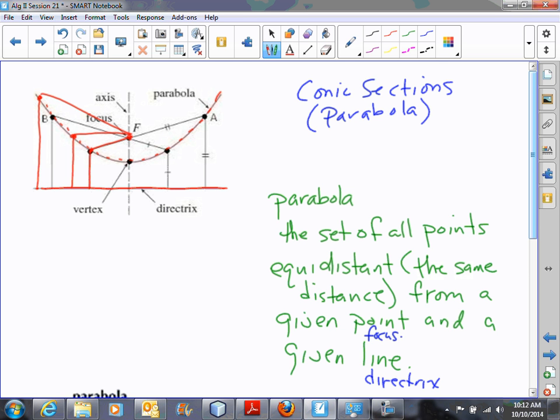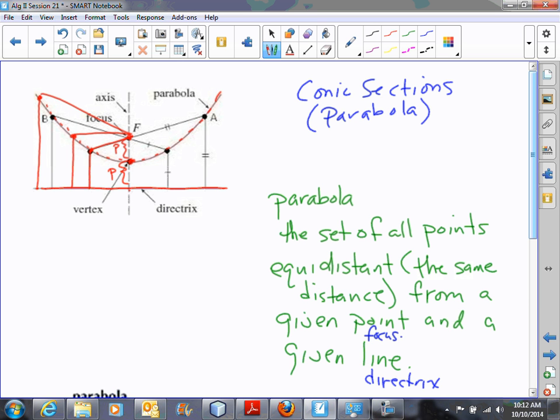Now, notice that the vertex point, that's this point right here, is halfway between the directrix and the focus. Now, I was taught when I was young to believe that this distance right here, the distance from the vertex to the directrix and the distance from the vertex to the focus, are p.